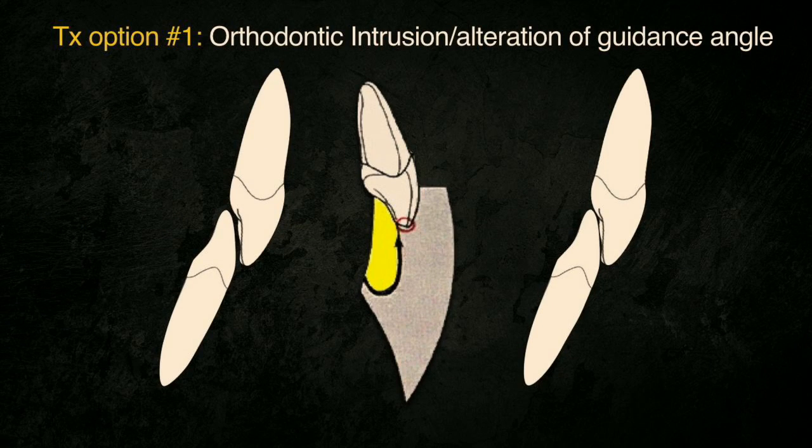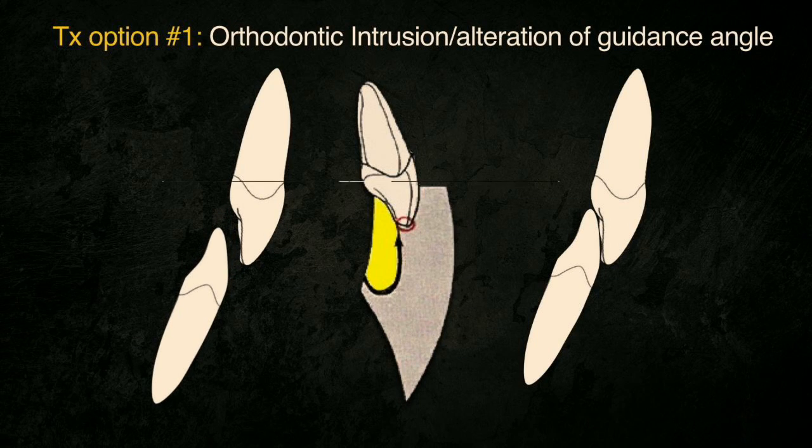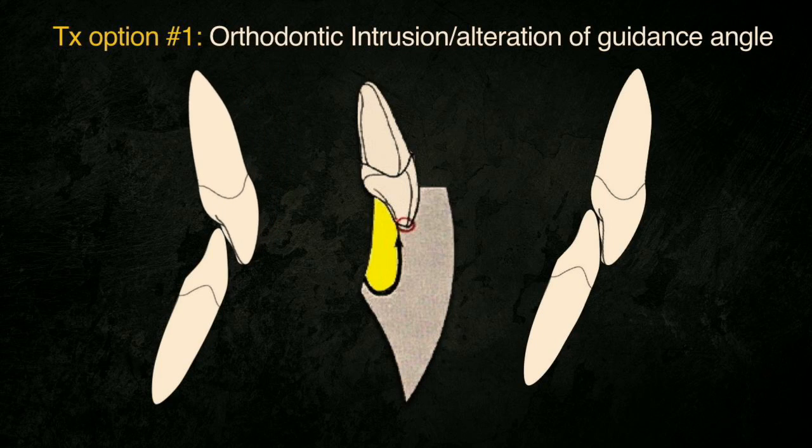So as we look at it, looking at that one on the left, one way to alter this situation is to orthodontically intrude the teeth and then use root torque to bring the upper root back.